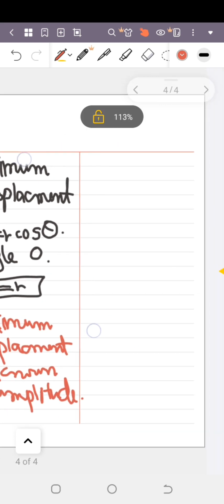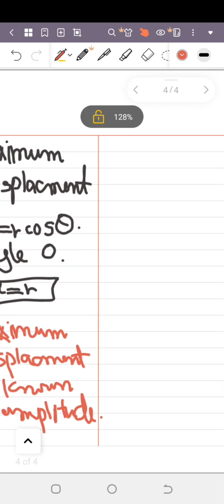So now let's discuss the minimum displacement.